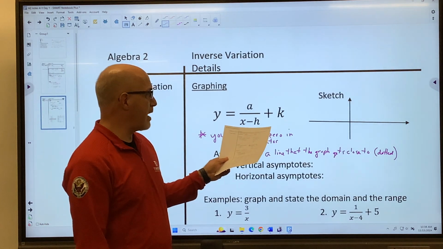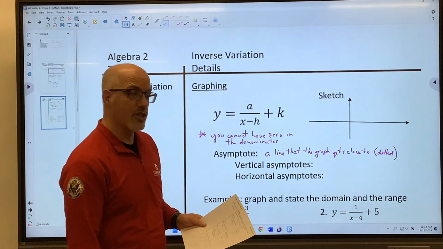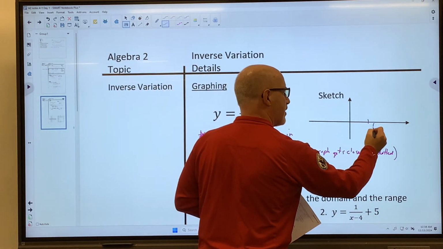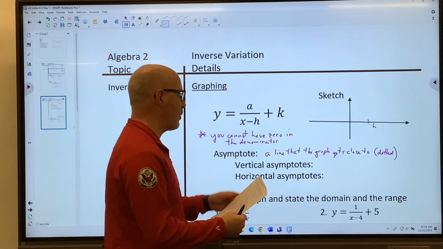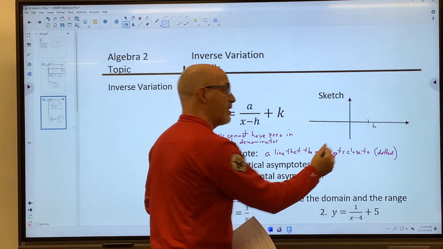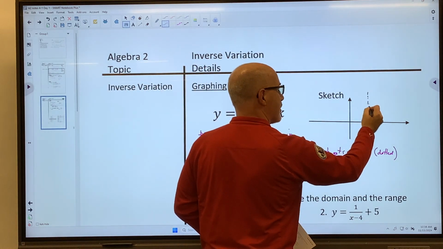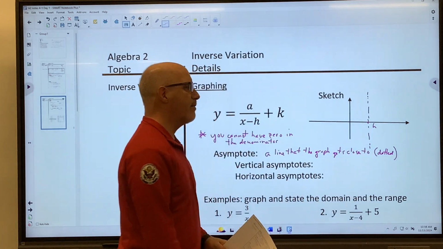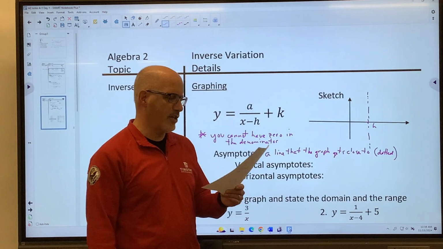Now for this graph here with x minus h, I'm going to put h right here, a value. It's like if that were x minus 4, this would be a 4. Make a vertical dotted line there, that's an asymptote. Vertical asymptote at h.